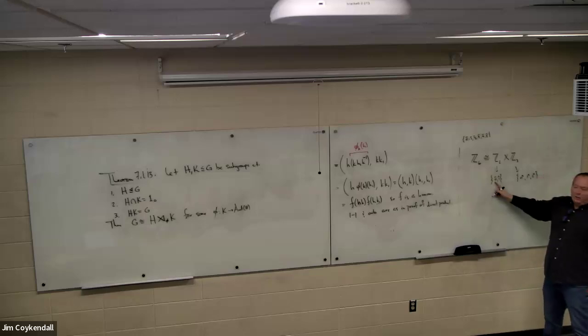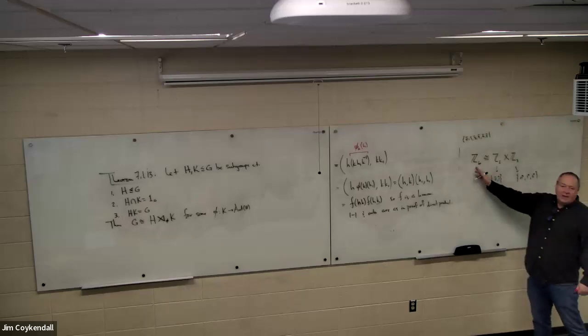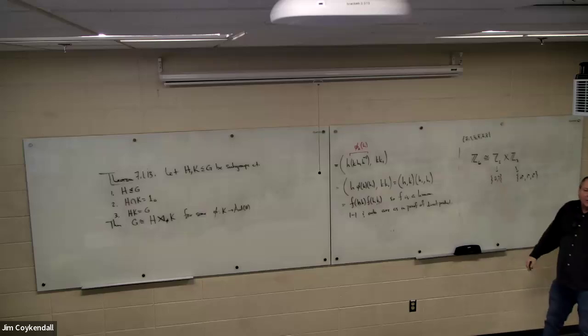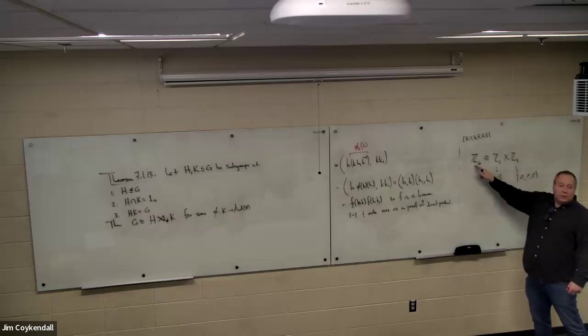This is taking place mod 2. Here, 1 plus 1 is 0, and that's why I put a hat and a star. It's different. Z6 is sometimes called the external direct product, because I took these guys and jammed them together in a direct product, and said it's isomorphic to this. That's an external one.